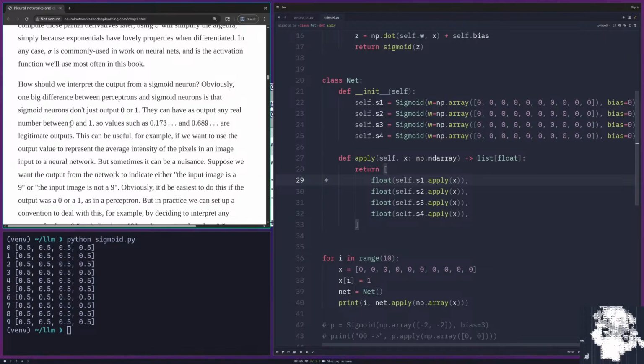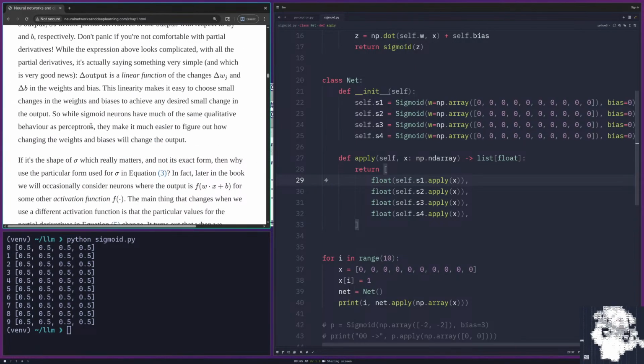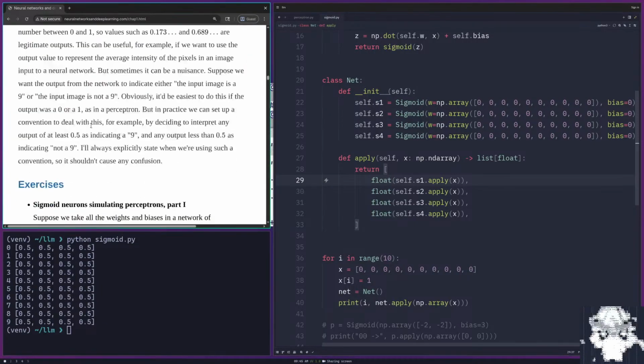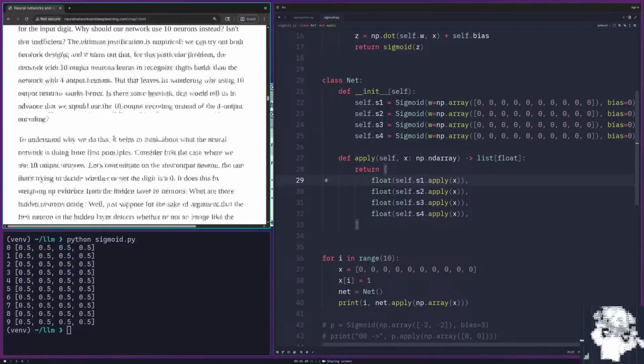Numbers between 0 and 1, for the weights, or for the outputs. Oh, just the output. I think my weights and my biases could be whatever I want.